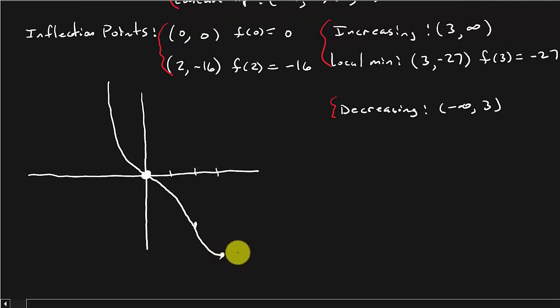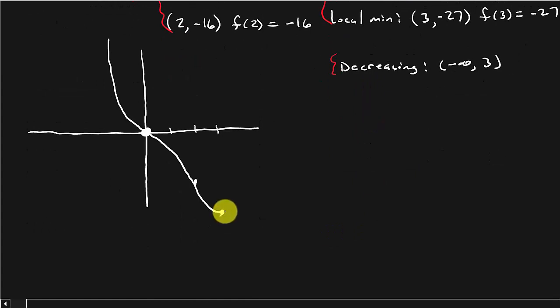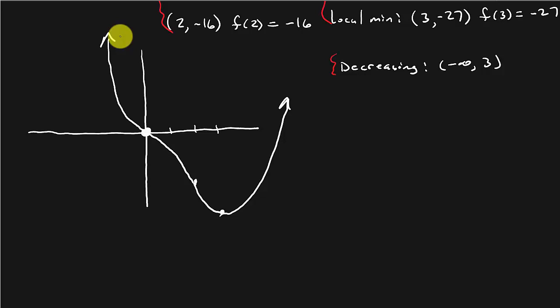And then once it gets here, it starts increasing again, and see it's concave up from 2 on back to positive infinity. And so there's your graph. Okay, I know that may not be the best looking graph, but it's good enough for this video, isn't it? All right, so that's that problem.